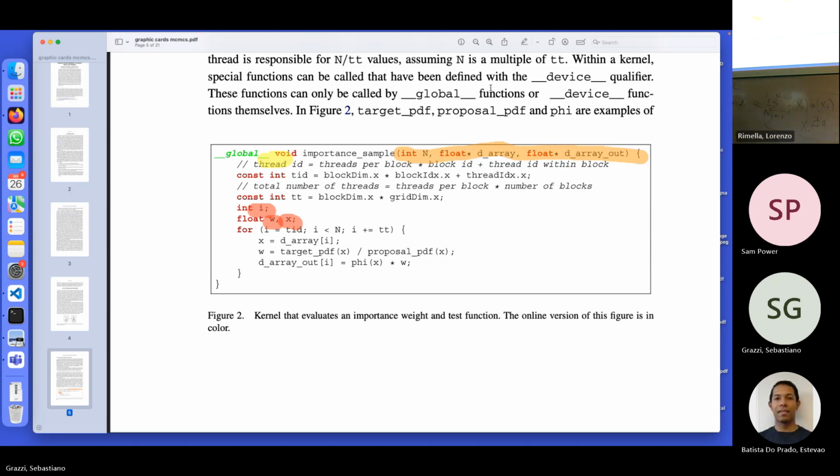We have to pre-allocate all this memory because we cannot really allocate memory while running this program on the GPU.